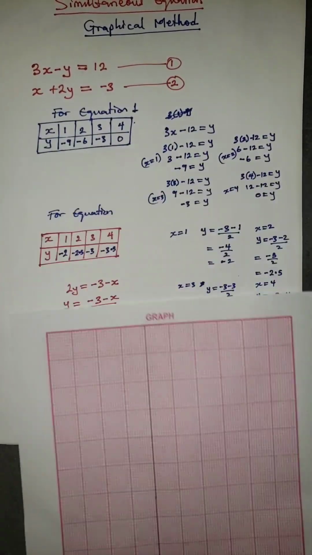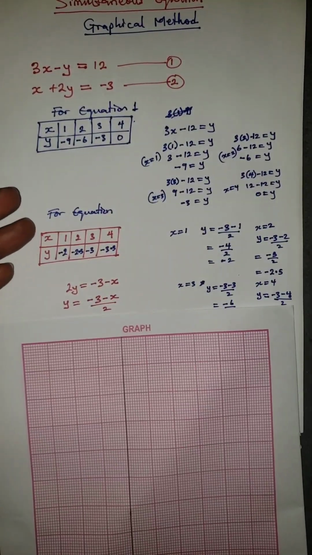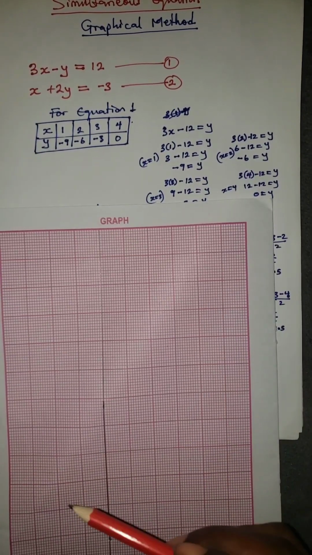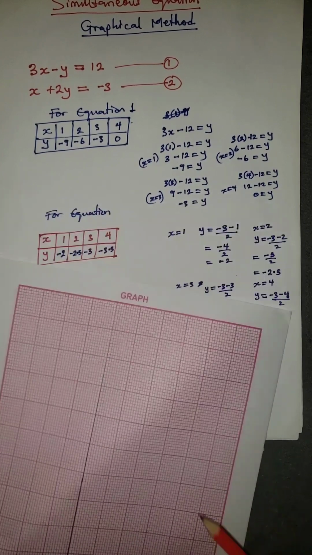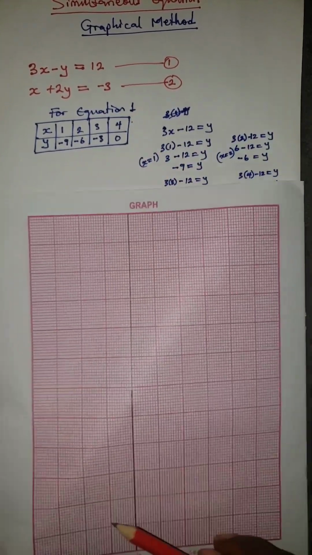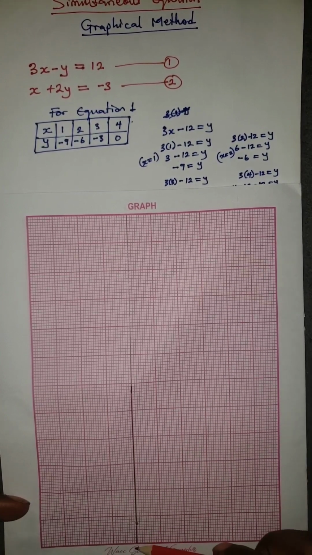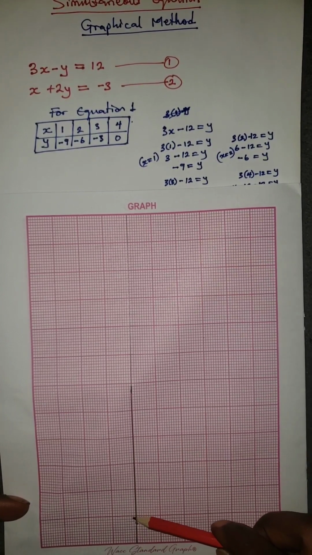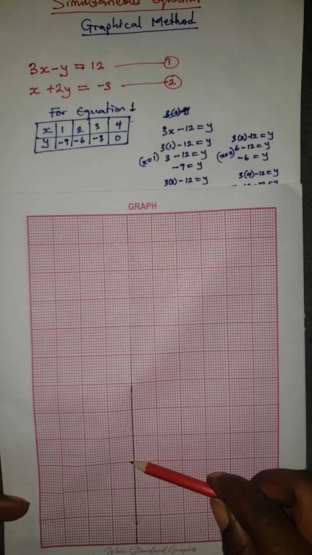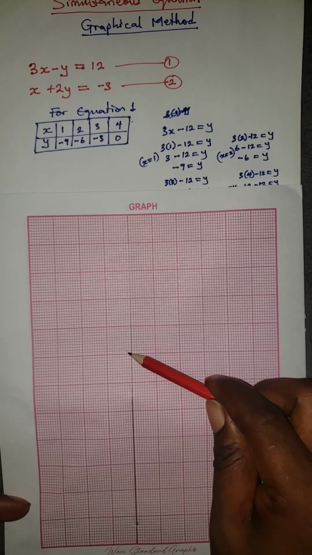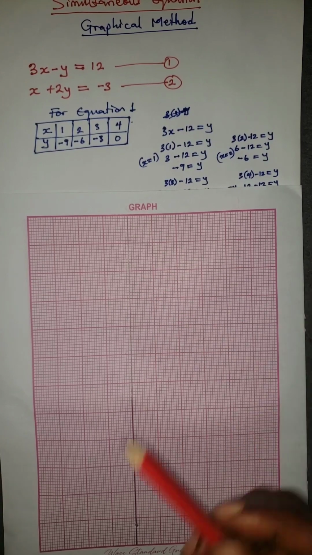Now, because we don't have much positive y, let's see if we can bring our graph up. I mean our scale, so that it can go as 1, 2, 3. So let's say -9, 8, 7, 6, 5, 4, 3, 2, 1, 0.